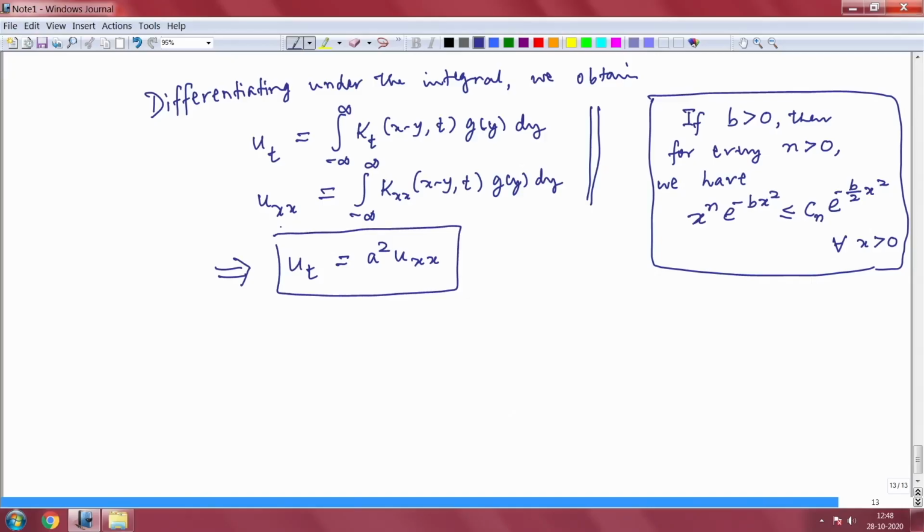The hard part is proving the initial condition; the initial condition is also satisfied.